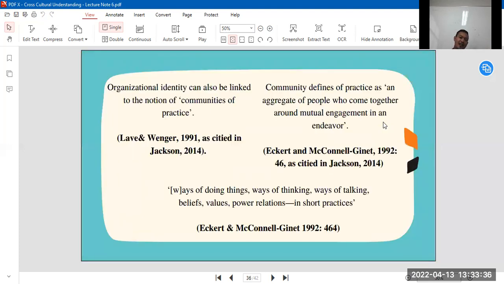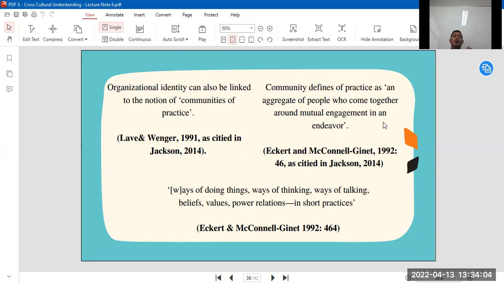And organizational identity can be linked to the notions of communities of practice. Community of practice is defined as an aggregate of people who come together around mutual engagement in an endeavor. And you know that organizational identity is about the ways of doing things.